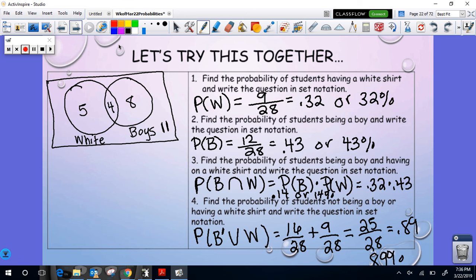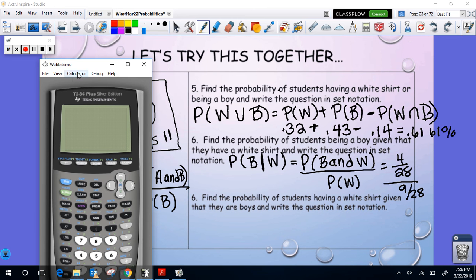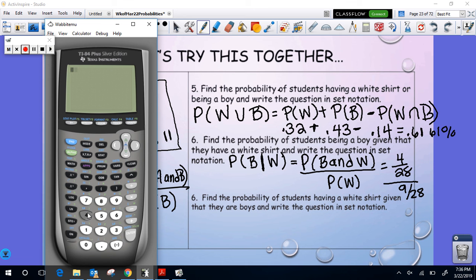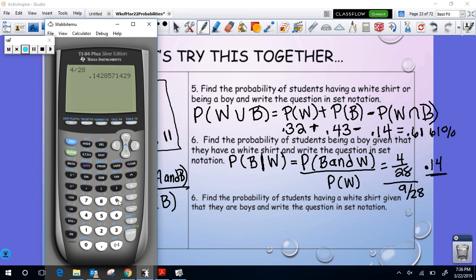And you're going to notice what's going to happen here. I'm going to put 4 divided into 28 into my calculator, and I get 0.14. So I get 0.14 divided by, then I do 9 divided into 28, and I get 0.32.